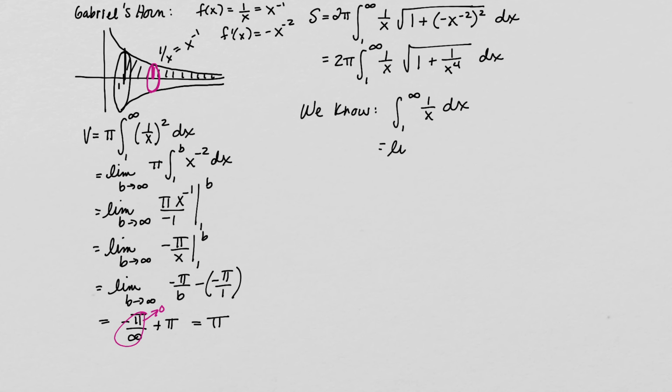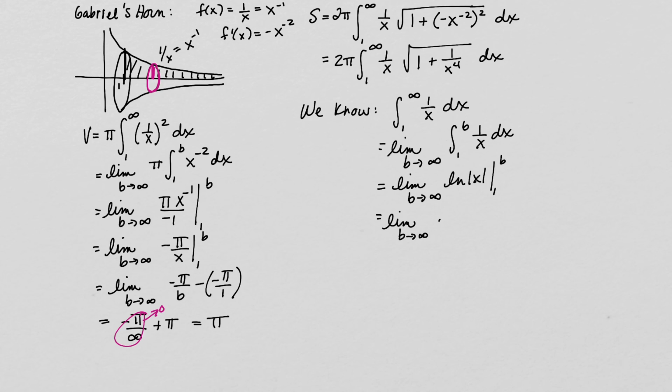So if I look at this new integral, it's the limit as b approaches infinity of the integral from 1 to b of 1 over x dx. And what did we say the integral of 1 over x is? Yeah, natural log, absolute value of x, evaluated from 1 to b. So we have the limit as b approaches infinity of the natural log of b minus the natural log of 1.